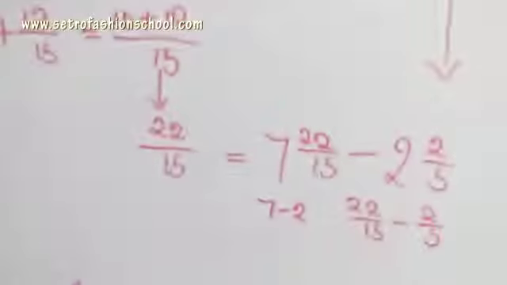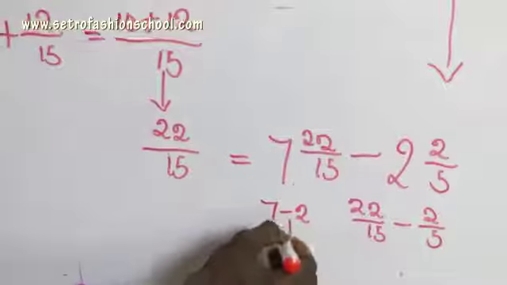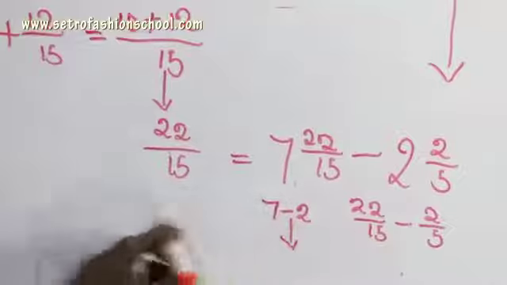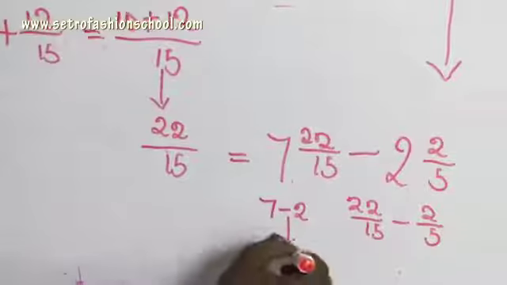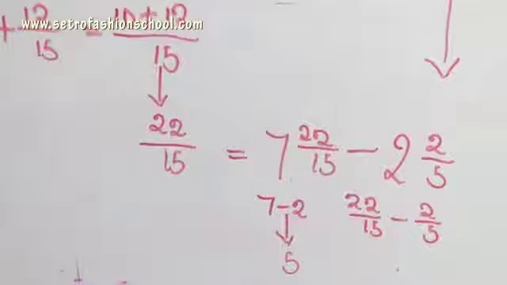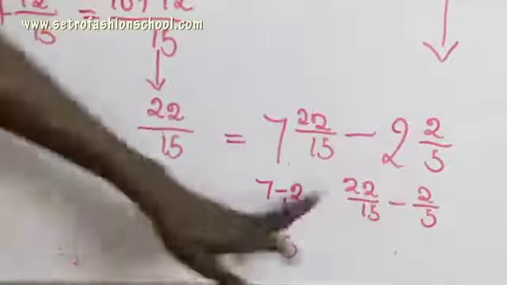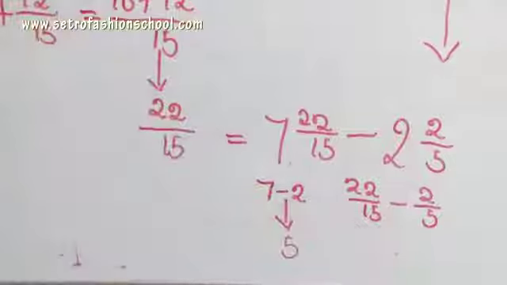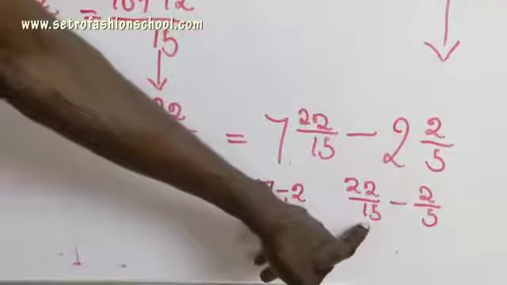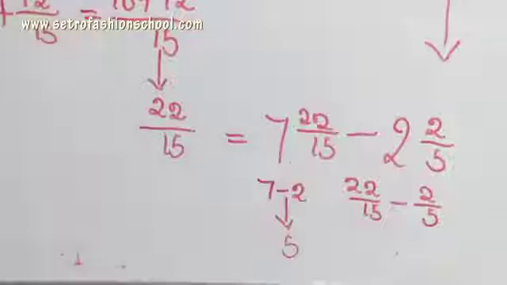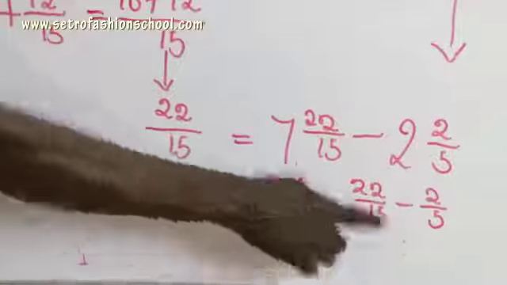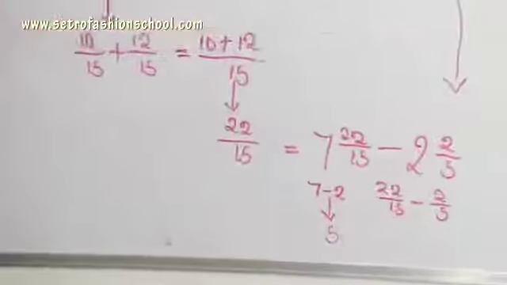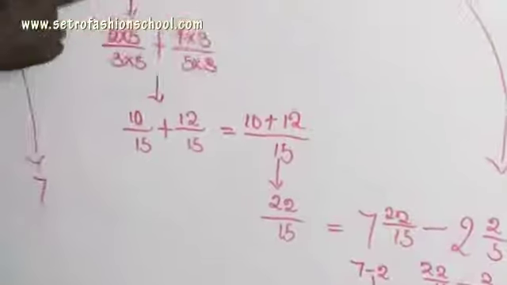Now, this will be 7 minus 2. Can you tell me? Great. That's 5. So you will now have 5. Mind you, we are not going to apply this technique here because the figure we have here is very large. If you check the denominator here, which is 15, the denominator we used here is just 5.